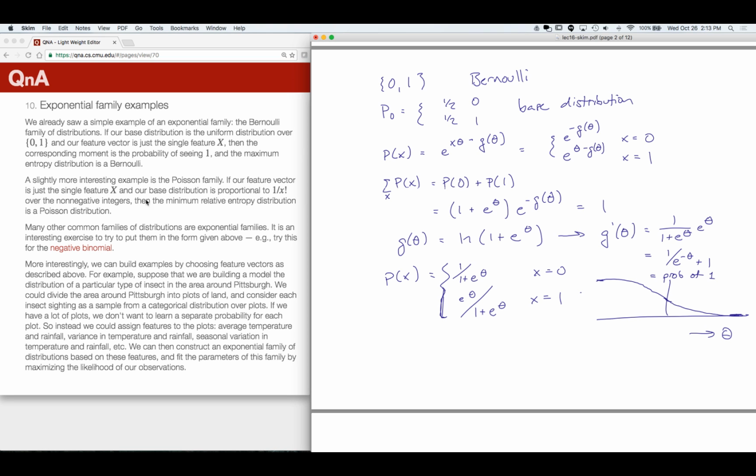Maybe another interesting example is the Poisson family of distributions. It turns out that if we take a distribution over the non-negative integers, and we take our base distribution to be proportional to 1 over x factorial, so in the base distribution small integers are much more likely than large integers, and if we take our feature vector to be just the single feature x, so it's only the mean of the distribution that we're varying, then we get the Poisson family.